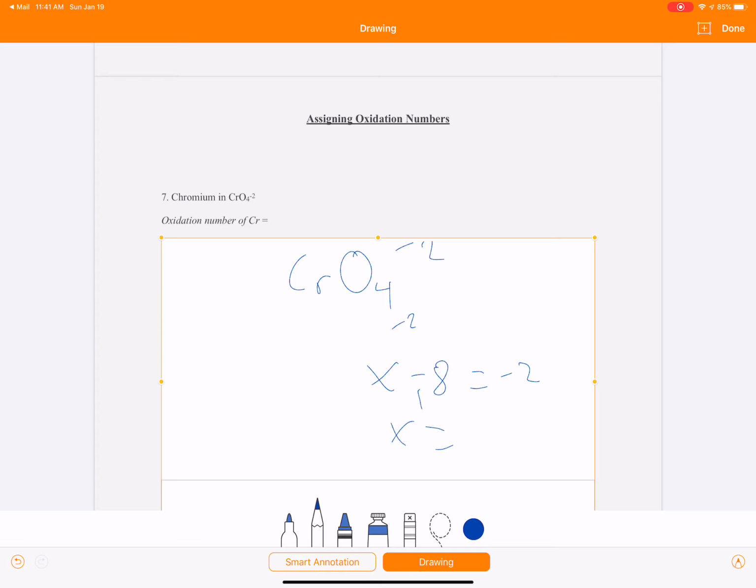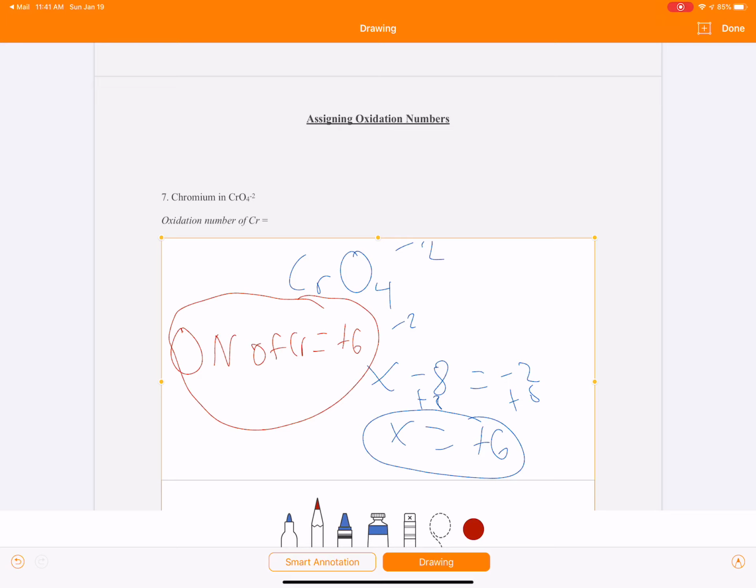X equals +6, which means that the oxidation number of chromium in chromate is +6.